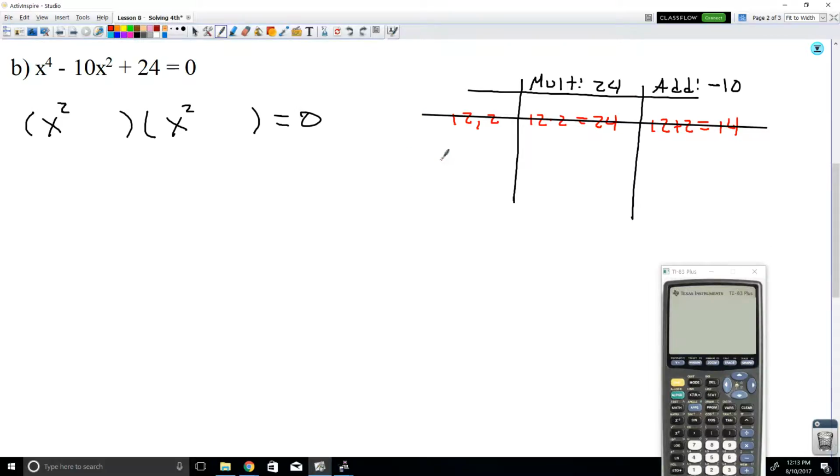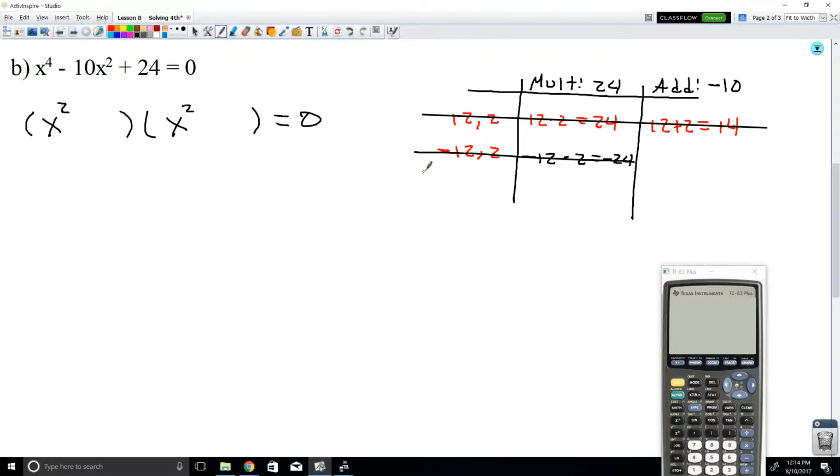But how about -12 and 2? Well, let's check them out. -12 times 2 is equal to -24. So nope, we can cancel that right away. So let's try to look for another combination here.